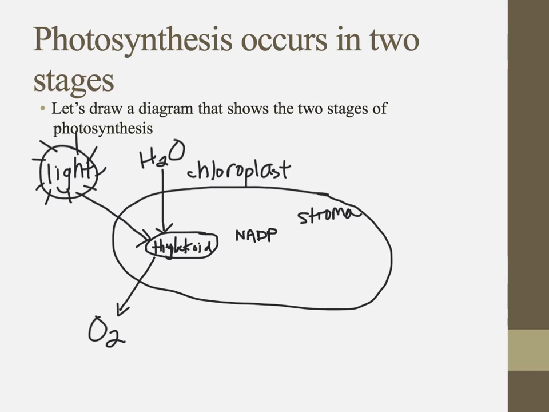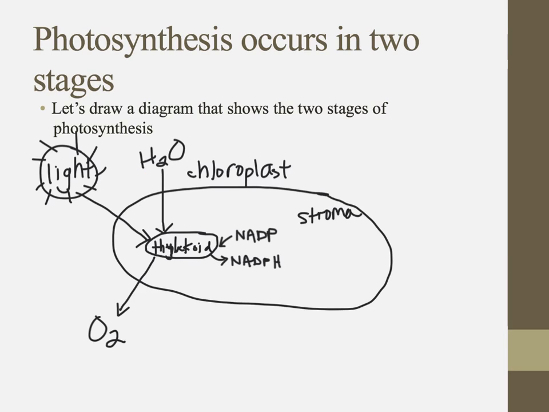NADP is going to come to the thylakoid. It's going to pick up an electron, which we don't really write, and hydrogen, and it is going to become NADPH. So that H is coming from here.